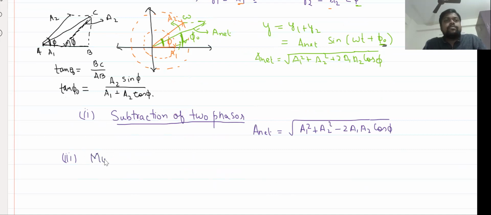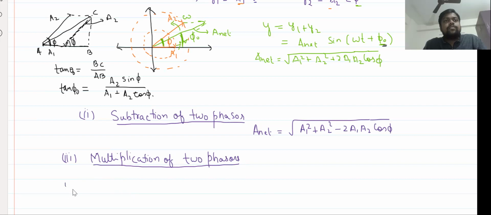Multiplication of two phasors. So two phasors you can write same like we have written last time.